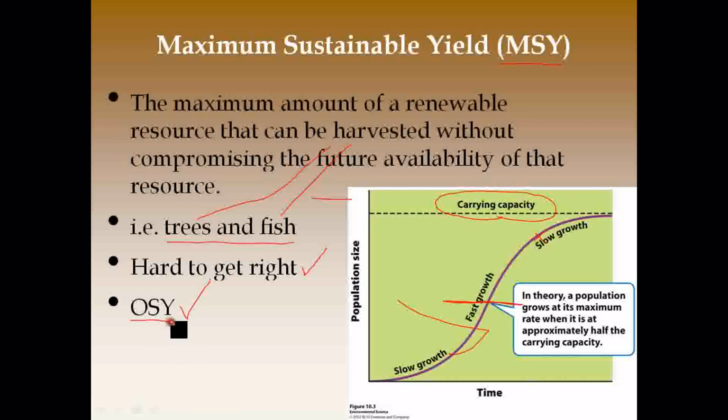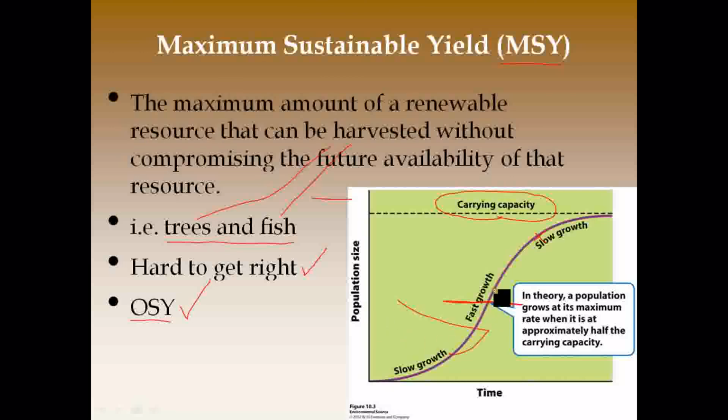Instead of maximum, instead of trying to figure out what that top number is and being mistaken, the idea is to be a little bit below that. Be what's optimal, but not necessarily what's maximum in order to renew the resource. So the OSY is always going to be something lower than the MSY.